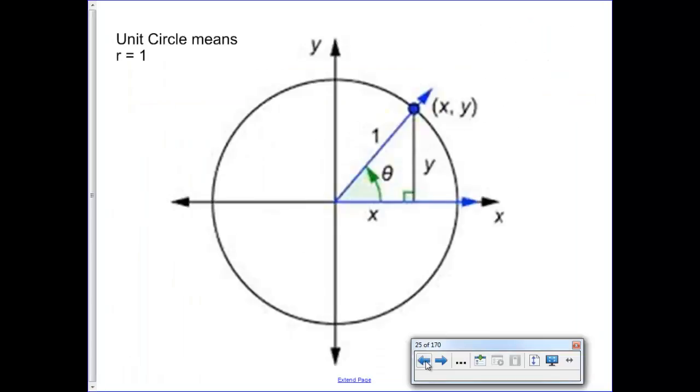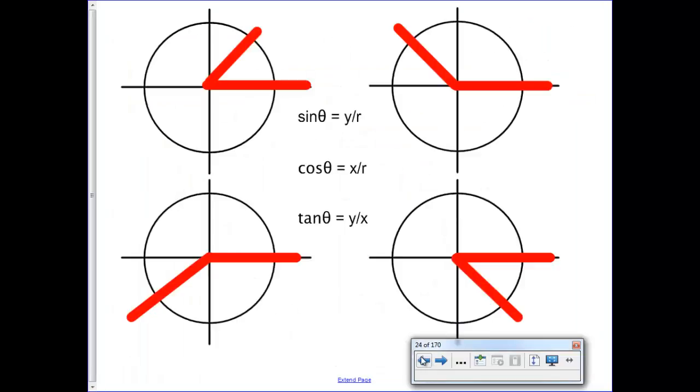Let me do it on this slide here. Say this angle here was 45 degrees. This angle right here, if it was similar, would it make sense if I called that 45 degrees as well? Well, this 45 degrees is based on, for example, a y value and an r value.